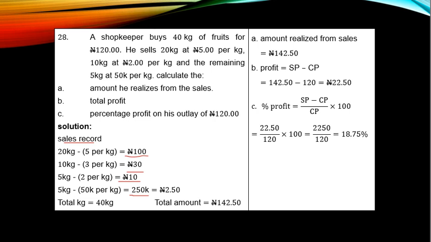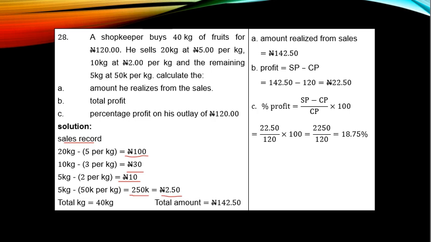To have uniform currency, you have to convert the kobo to naira, and you know 1 naira is equal to 100 kobo. So you divide 250 kobo by 100, and that gives 2 naira 50 kobo.